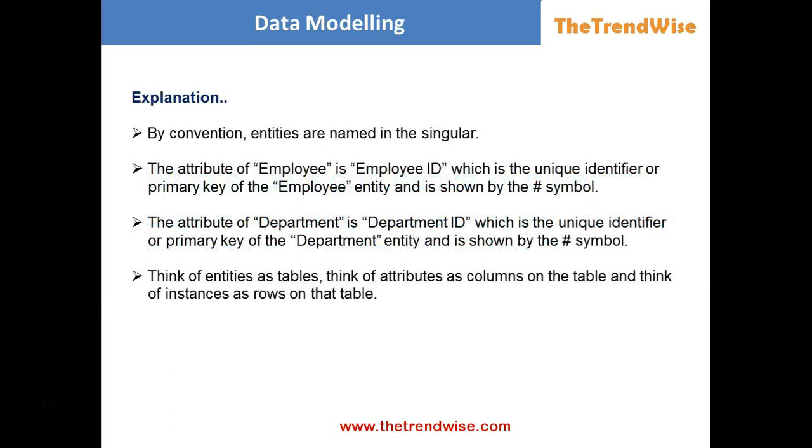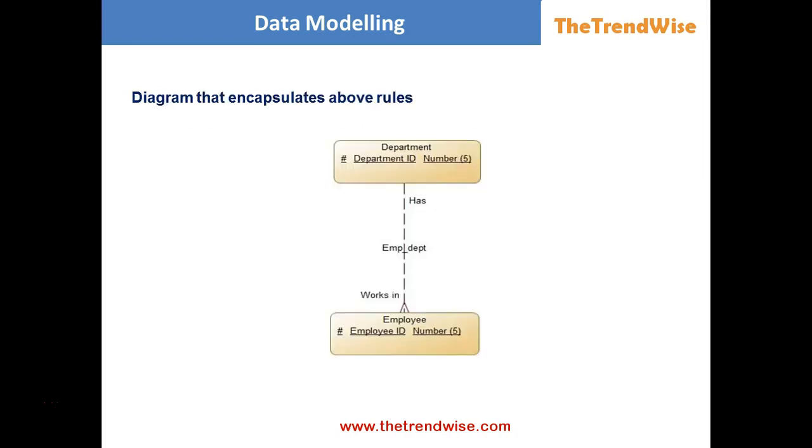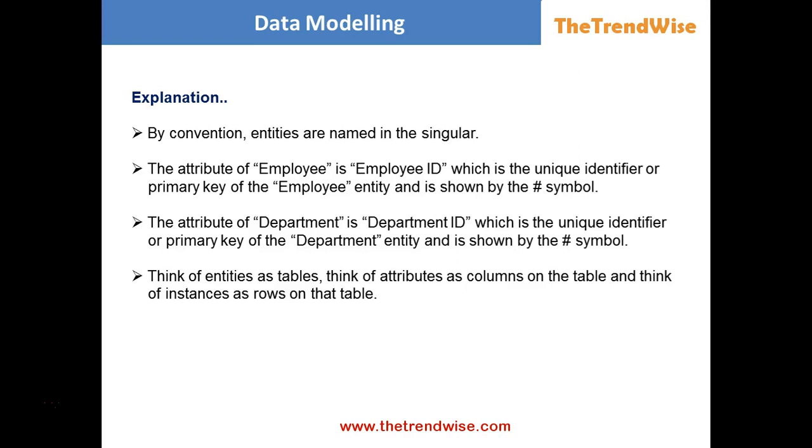Okay, now let's get back to the example that we were talking about, the department and the employee. Here the entities should always be named in singular. That is just by convention.